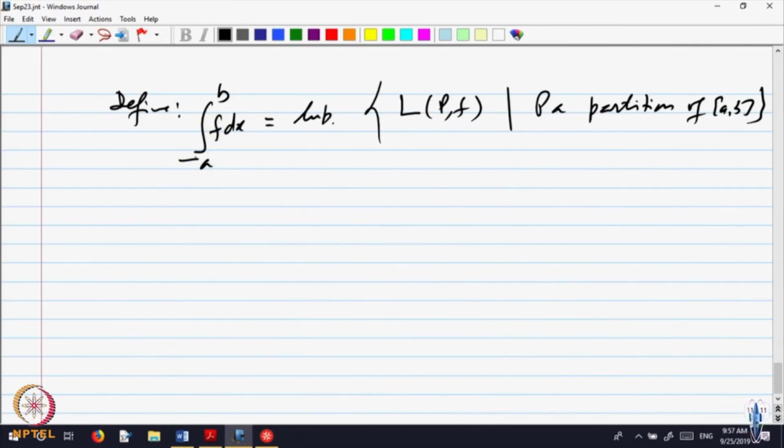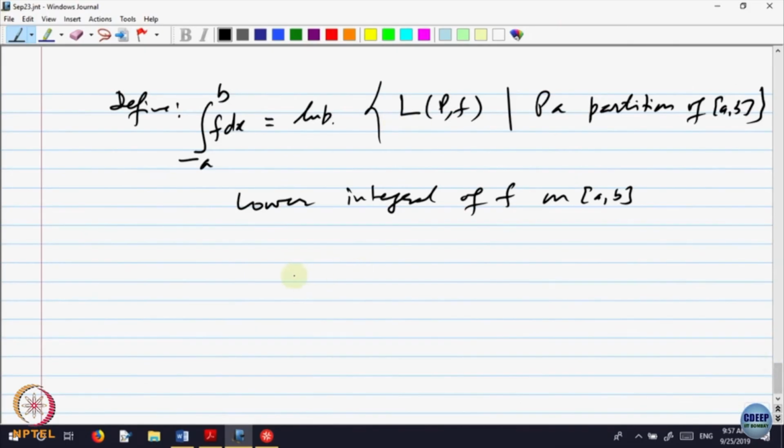These are lower sums, so it is called the lower integral of f on [a, b]. Now we have already taken the supremum with respect to the partitions, right? So least upper bounds.